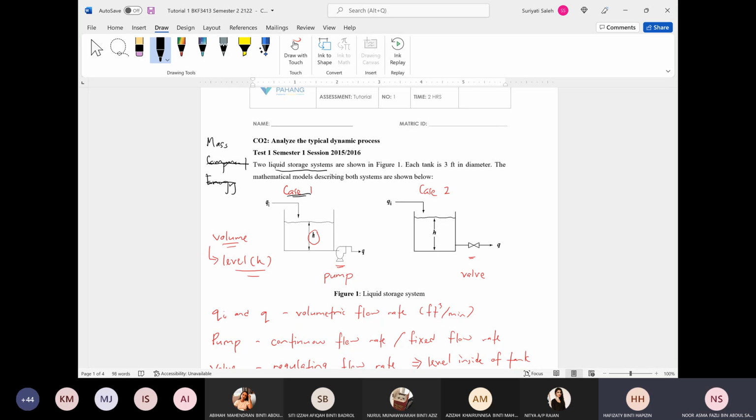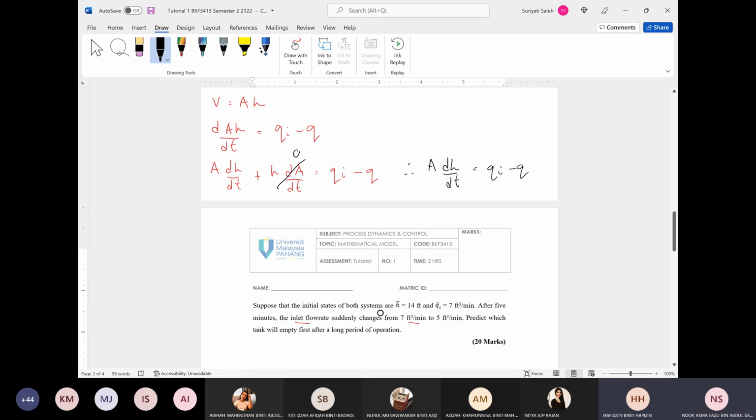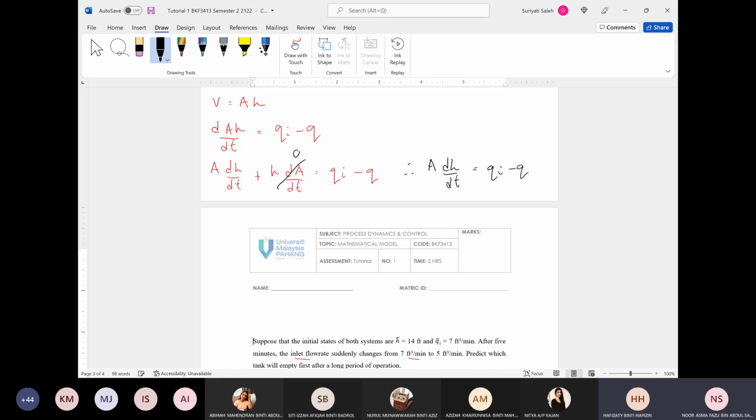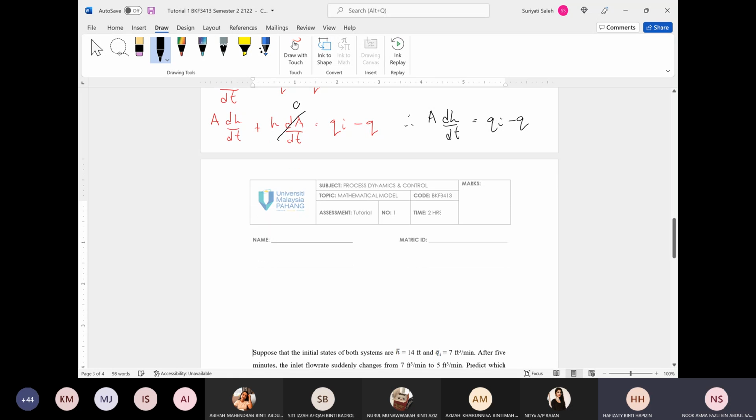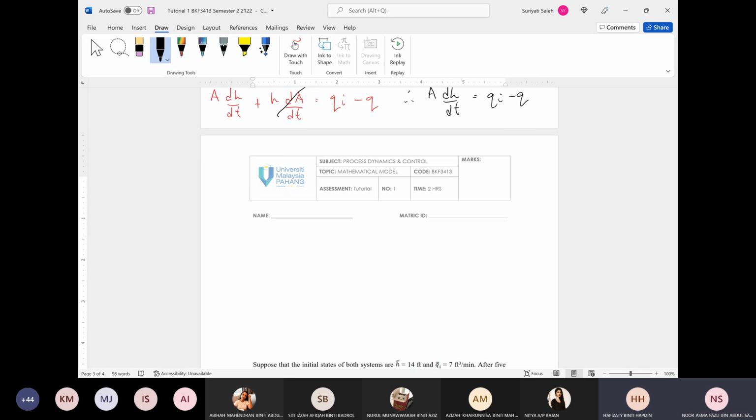Alright, let's continue. So we have the overall mass balance, A dH/dt equals Qi minus Q. This one has been covered before, how to develop the mathematical model. In this case, what we are interested in is to solve the model accordingly.